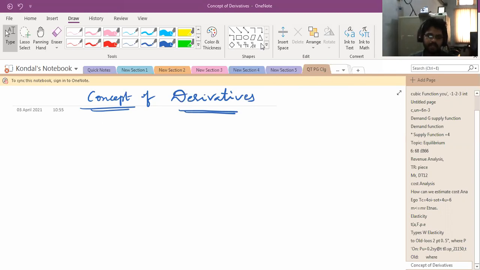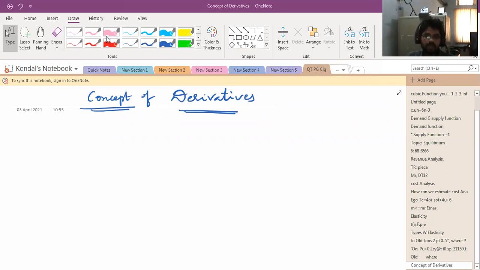For functions that act on the real numbers, it is the slope of the tangent line at a point on the graph. In microeconomics also we have used this derivative.